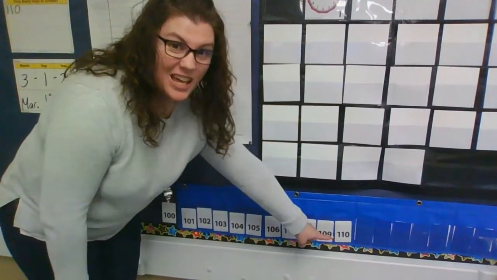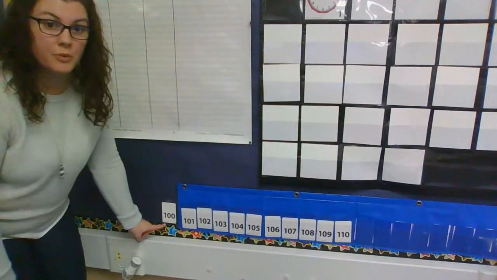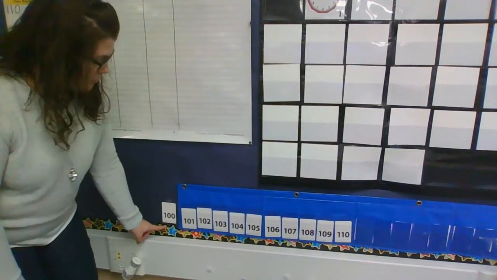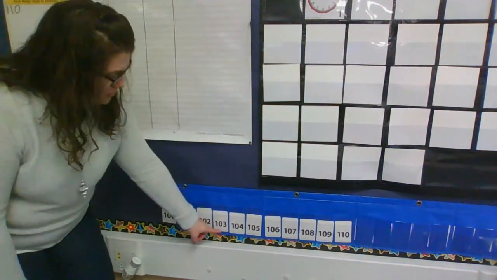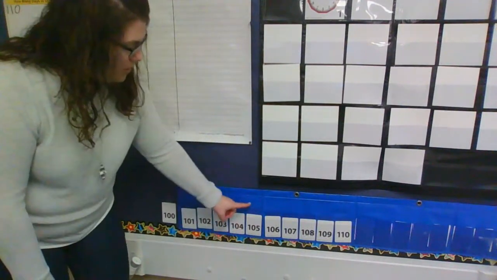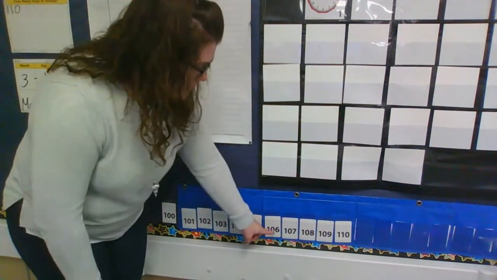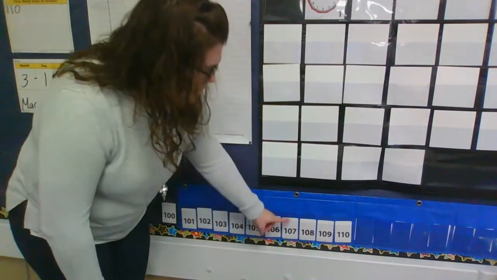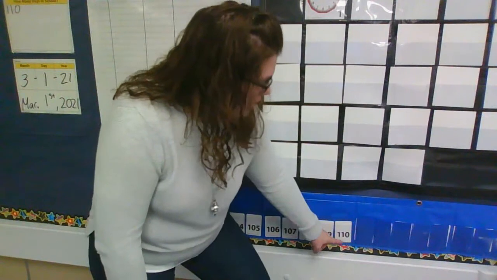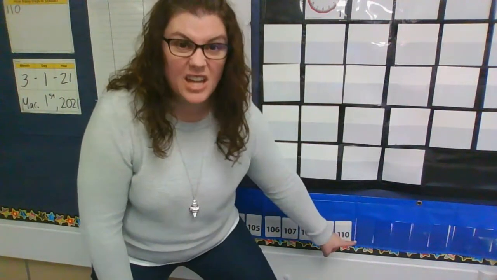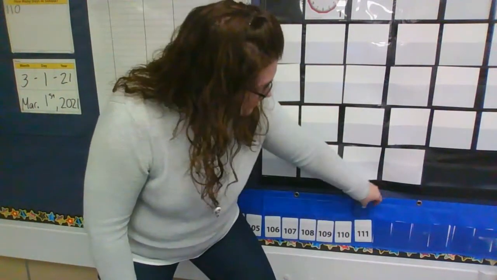Okay. So last time I saw you, it was day 110. We need to figure out what comes next. Our number line starts at 100, so that's where we're going to start counting from. Are you ready? 100, 101, 102, 103, 104, 105, 106, 107, 108, 109, 110, 111.